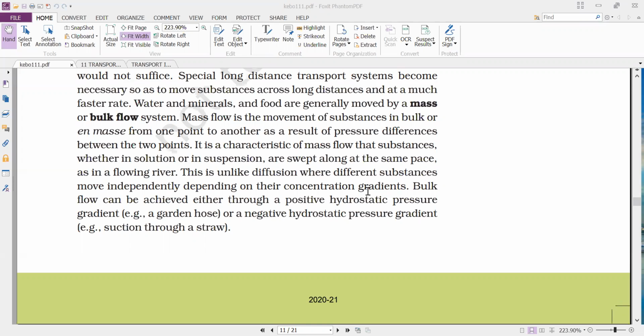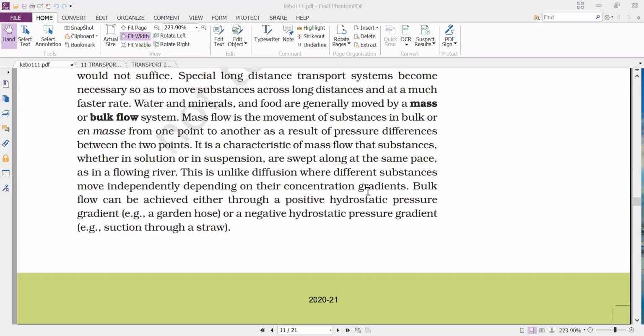That is what we do in a hand pump, or what we do by using a straw. While drinking any soft drink with a straw, we develop a negative hydrostatic pressure in our mouth by suction. As a result, the liquid present in the bottle moves into our mouth. The same phenomenon we can also use for drawing the water from the lower end to the upper end.